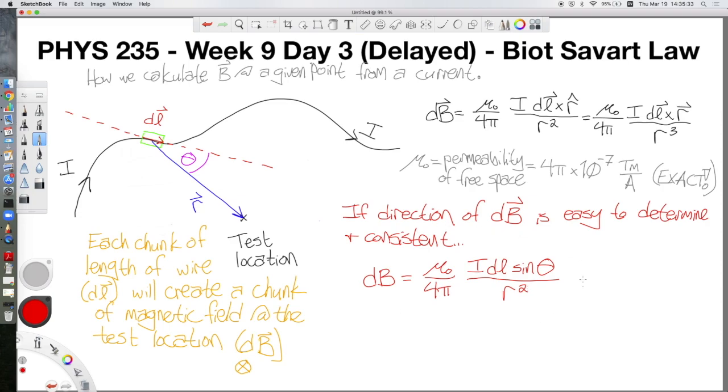And this expression is probably easier to work with, but you need to have a specific situation on hand in order to use it.